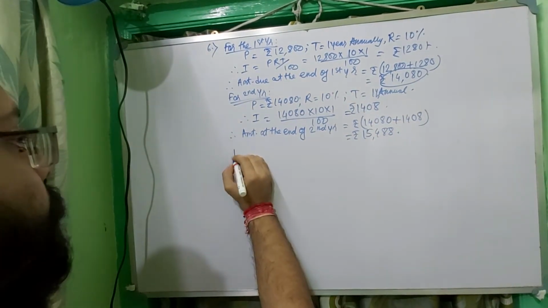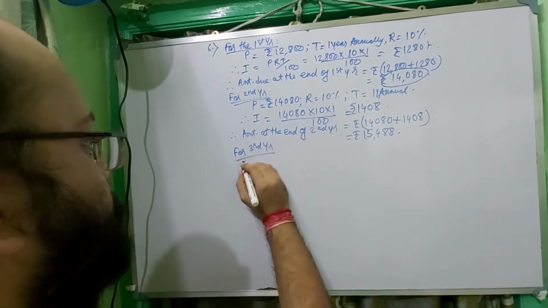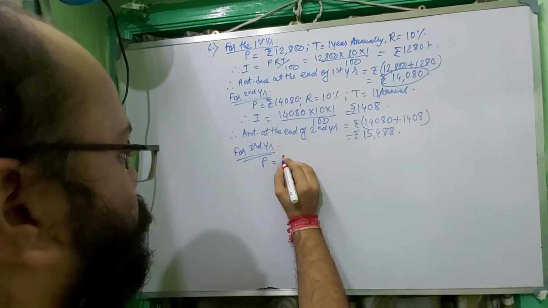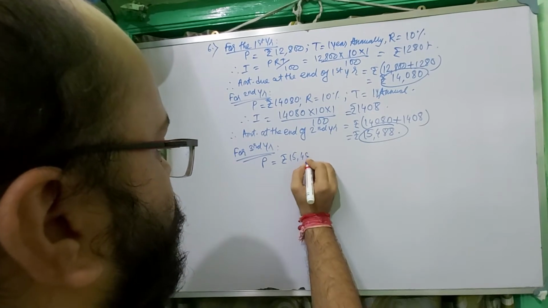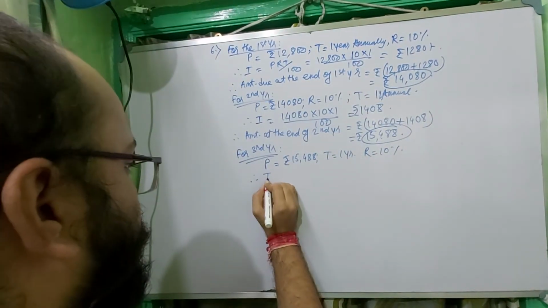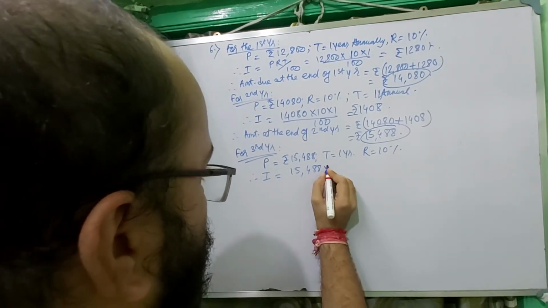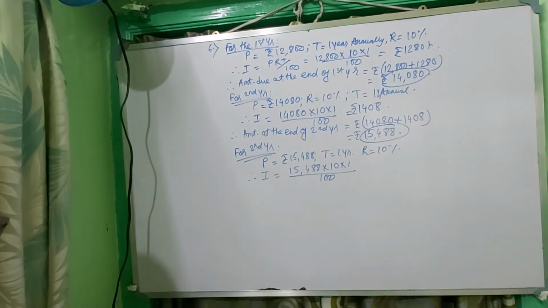Now for the third year, principal is this, 15,488, with the same time and rate. Therefore I is 15,488 into 10 divided by 100.